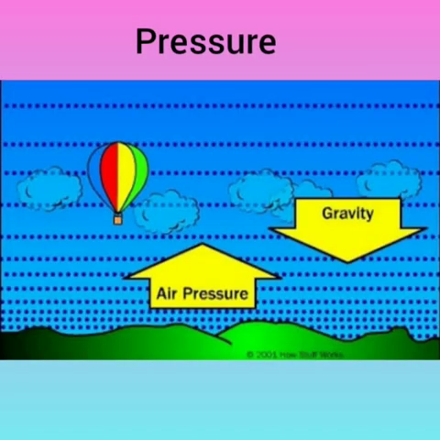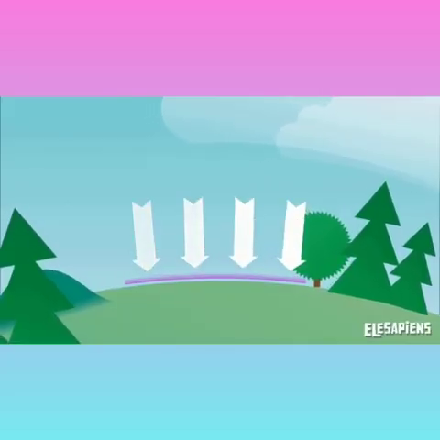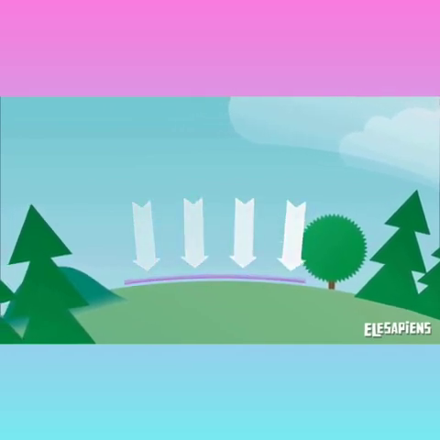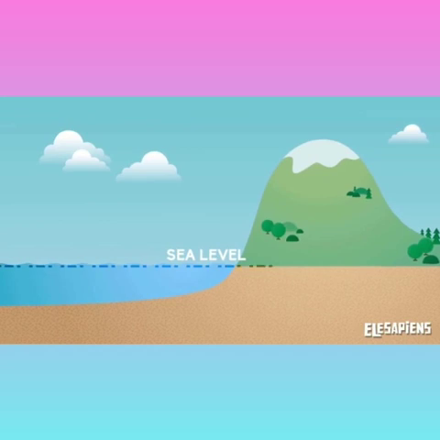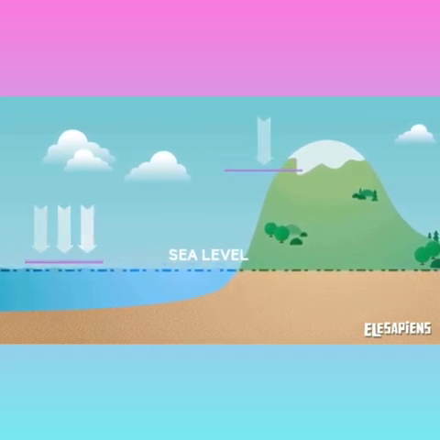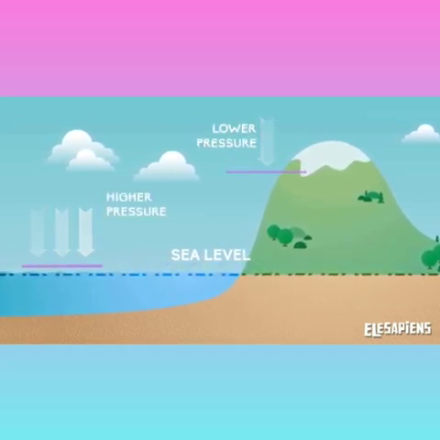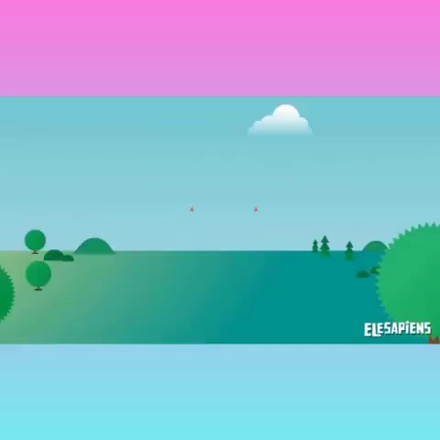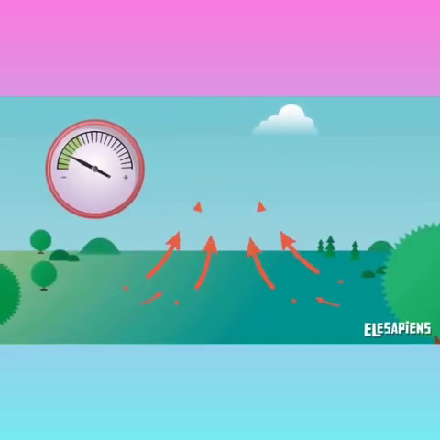Next is pressure. Air occupies space and has volume and weight. It therefore presses down with some force onto the Earth's surface. The force exerted by a column of air on the Earth's surface is known as atmospheric pressure.